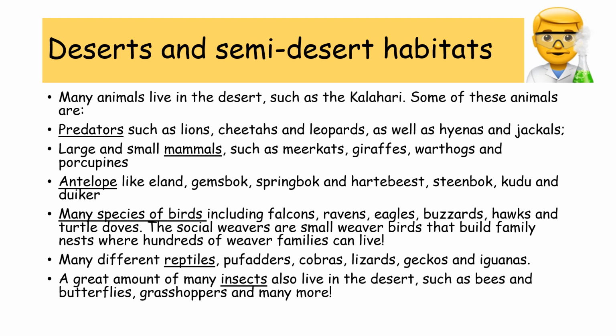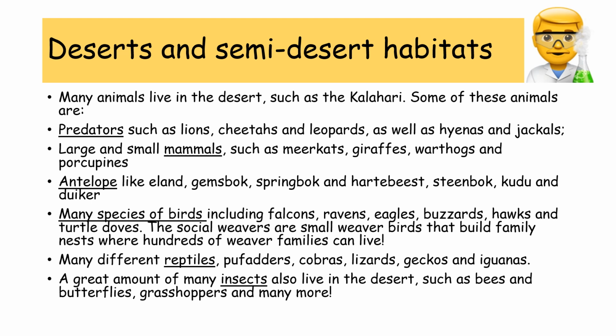Antelope like eland, gemsbok, springbok, and hartebeest, steenbok, kudu, and duiker. Many species of birds, including falcons, ravens, eagles, buzzards, hawks, and turtle doves. The social weavers are small weaver birds that build family nests where hundreds of weaver families can live.